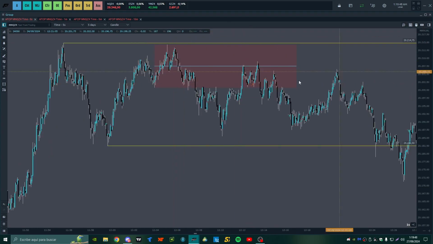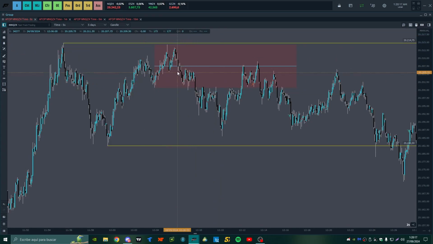But it fails to do that, and it takes out all these areas. This area that was also validated with this touch, it takes out all those areas. So it's invalidating the possibility from the touch and the double floor. The bullish is failing to fulfill its function.